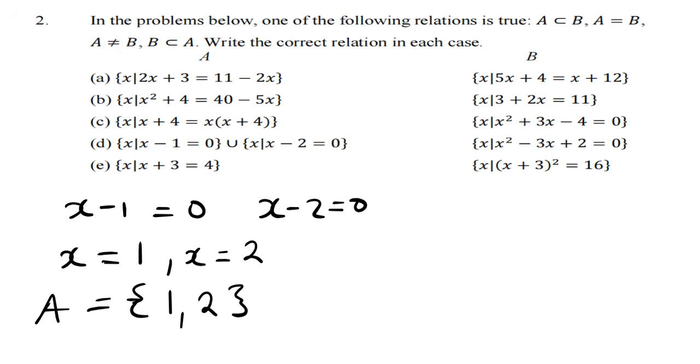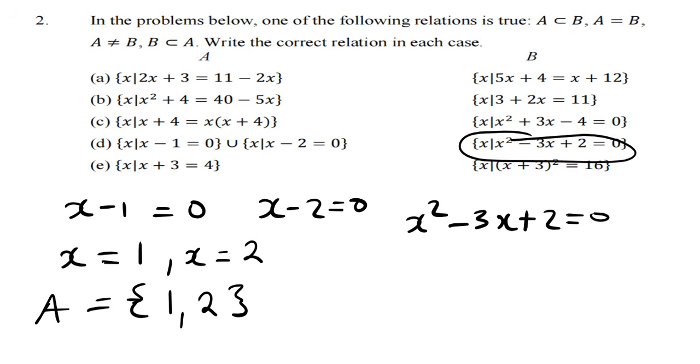We come to B. For B, we've got x squared - 3x + 2 = 0. So we are solving this one. How are we going to solve that? Likewise, we just have to find the product, the sum, and the factors. The product, in this case, is 2. The sum is -3.